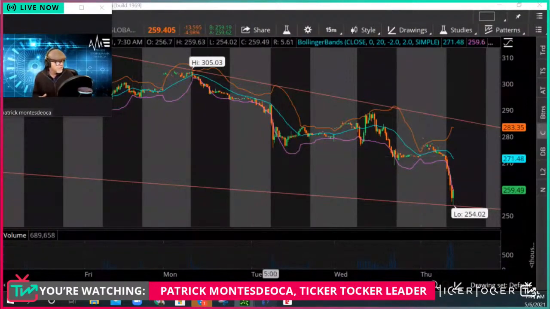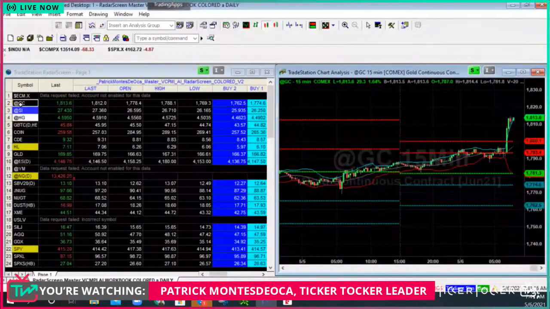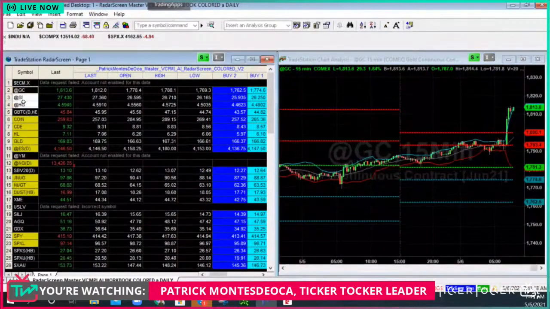So let's go back here to the gold and silver, and we continue to see a little bit of buy-in muscle up here. So let's just see how far that could take us.